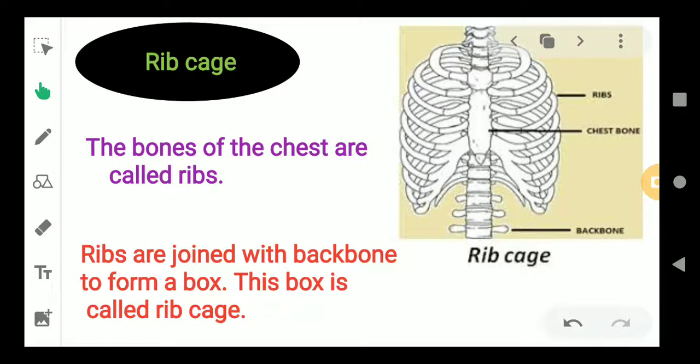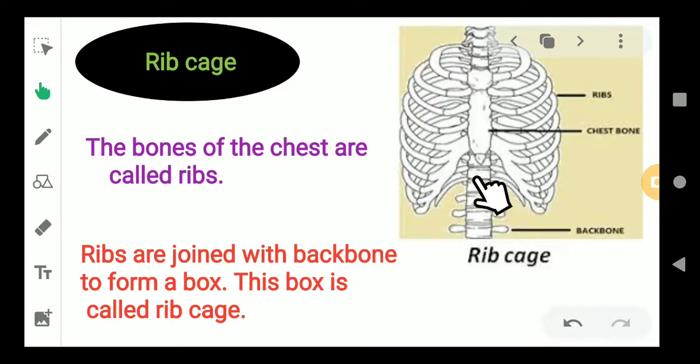Ribs are joined with the backbone to form a box. Here you can see a box-like structure. All the ribs are joined to the backbone to form a box. That box is called the rib cage, and each of these bones is called a rib.